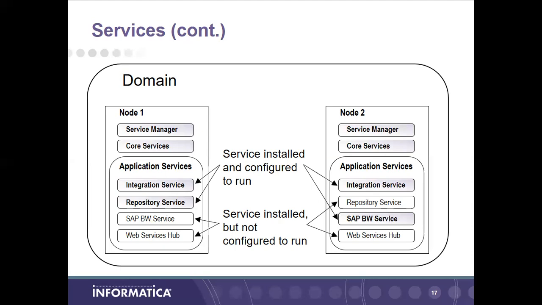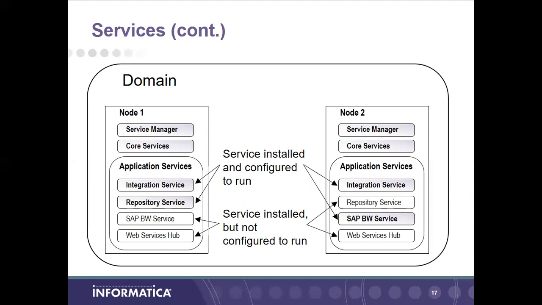But integration service is the key thing in the entire Informatica PowerCenter. And the next thing is reporter service. Reporter service, just think of it as a service to communicate with your metadata. Very, very simple, guys. Integration service is to execute the things, and reporter service is used to communicate with your metadata.